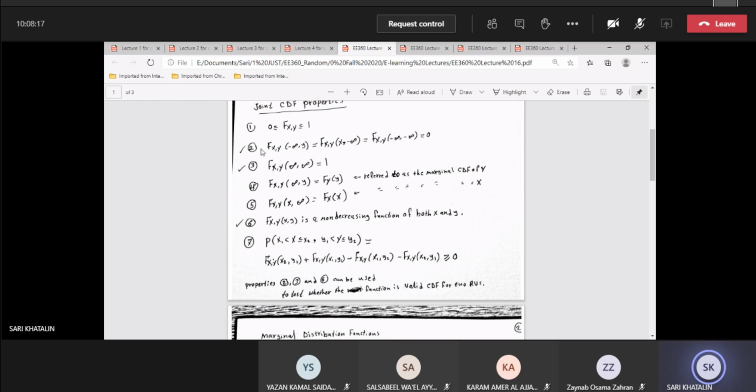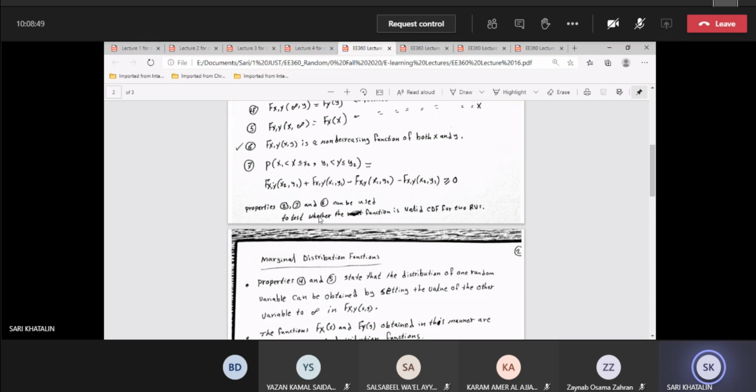We make sure that when one of the random variables goes to minus infinity, the whole joint CDF goes to zero, and when both of them go to infinity, the joint CDF is equal to 1. We also want to make sure the joint CDF is a non-decreasing function. If we can prove that, then the function is a valid CDF.